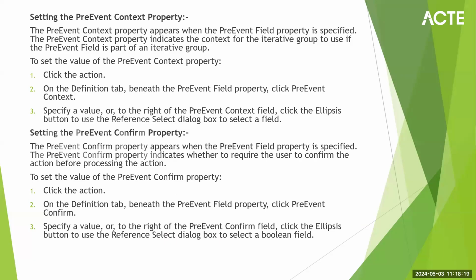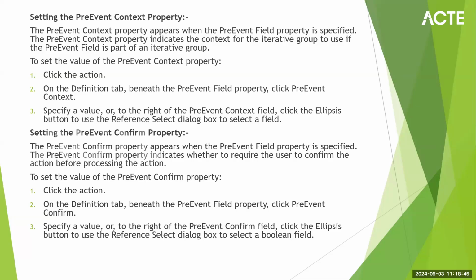The pre-event context property indicates the context of the iterative group used if the pre-event field is a part of the iterative group. Suppose you are displaying any iterative group or iterative field values, in that case you can create a pre-event context property.